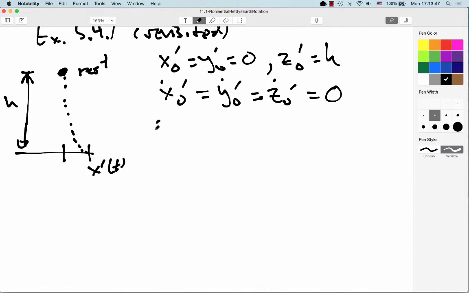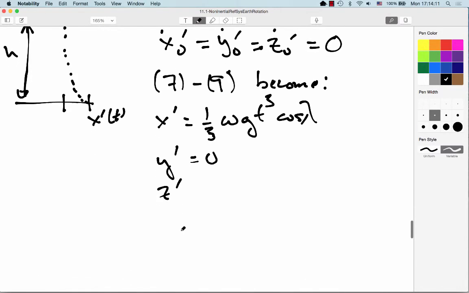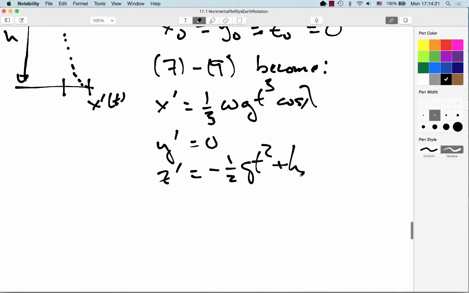So with that, our equations 7 through 9 become x prime equals 1/3 omega gt cubed cos lambda, y prime equals 0, and z prime equals minus 1/2 gt squared plus h, which at least looks comfortingly familiar.